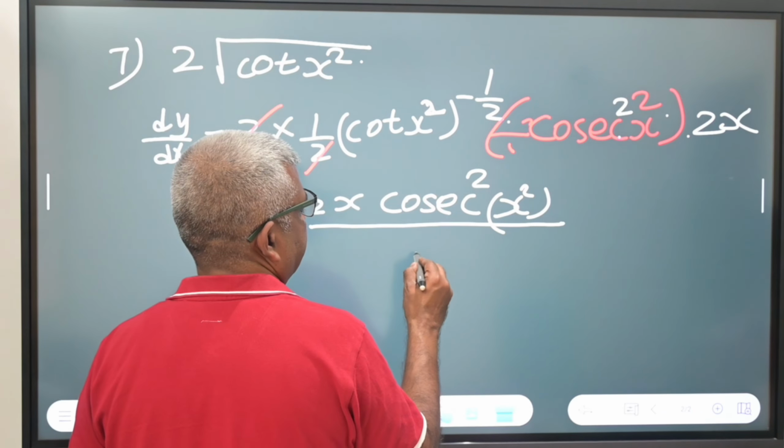Now, before seeing this question, we will see the concepts one by one. This is the main concept, and another concept is modulus of x. What is meant by modulus of x?